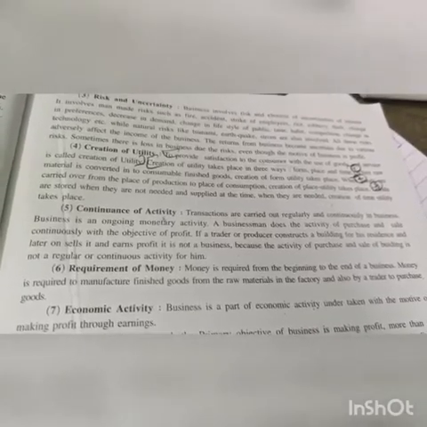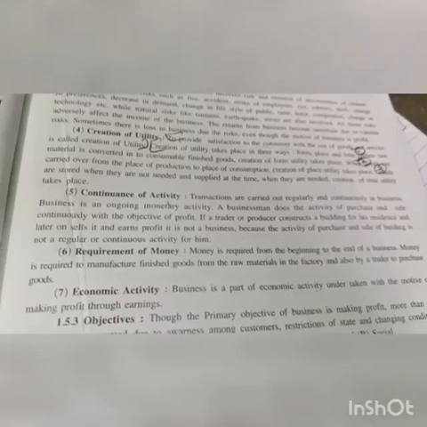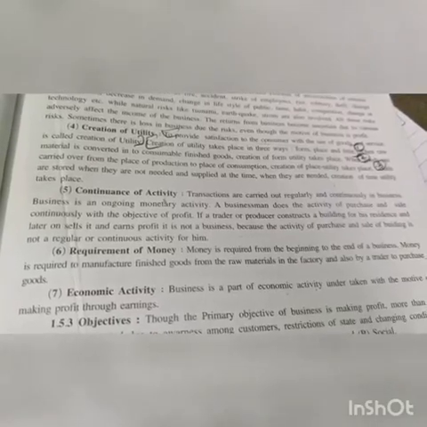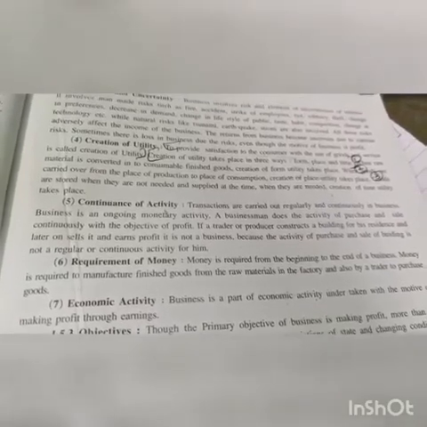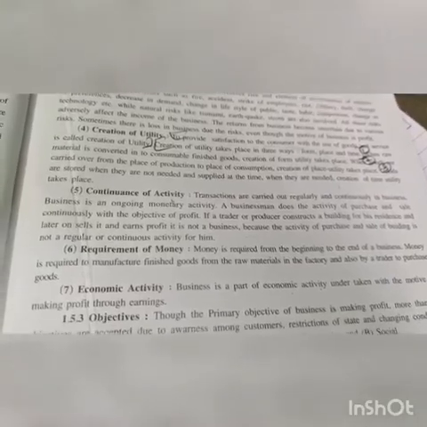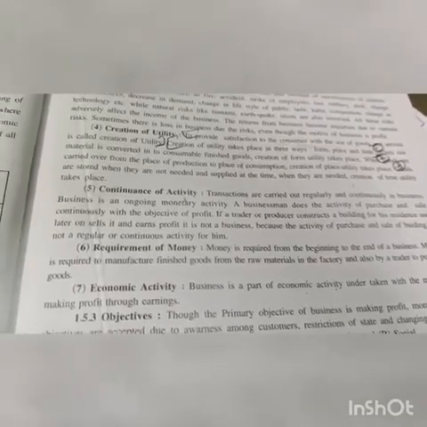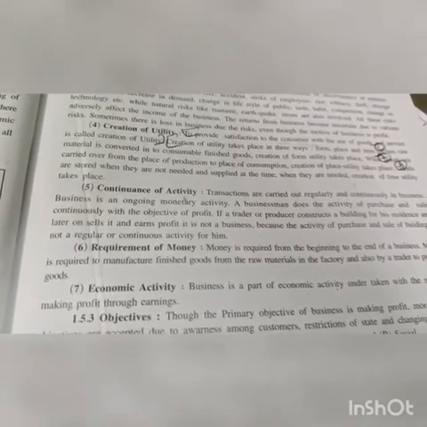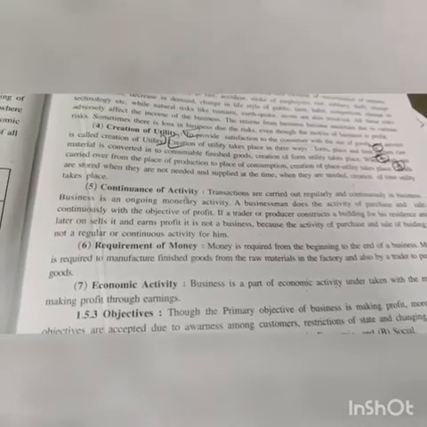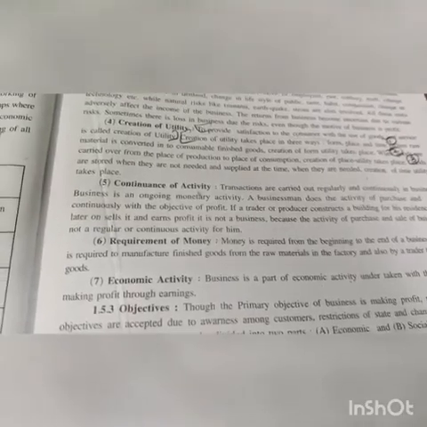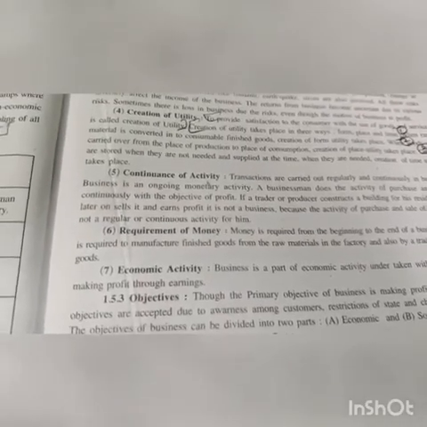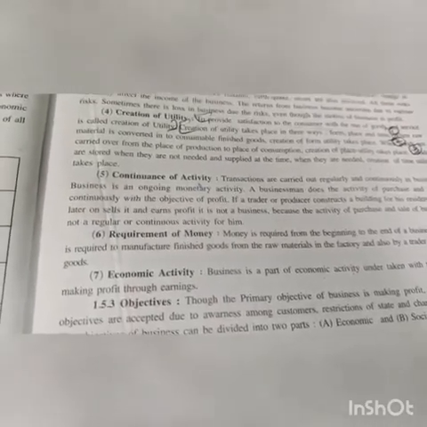If a trader or producer constructs a building for his residence and later on sells it and earns profit, it is not known as a business, because the activity of purchase and sale of building is not a regular or continuous activity for him. Here they have given an example that if some person is constructing a building for his own residential purpose, but later on he does not like it or it is not suitable for him, then he sells that building.